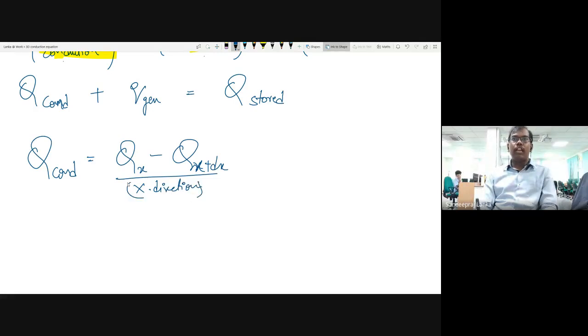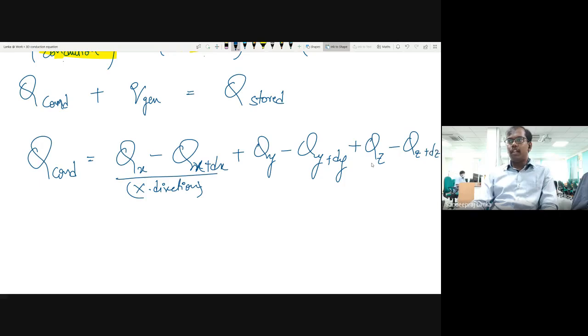Same way, for the y direction, it is Qy minus Qy plus dy. And for z also, Qz minus Qz plus dz. Right. So this will be your Q conduction. Next, how do I take Q gen here? How do I take Q stored here? These things we should see here.